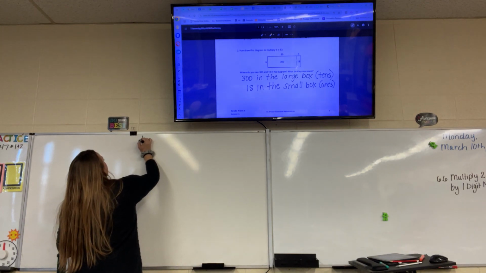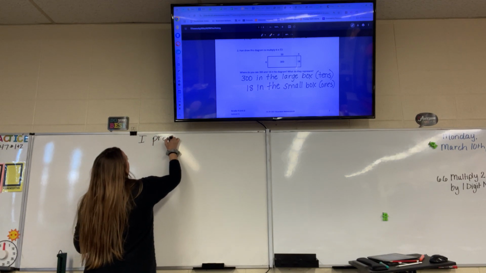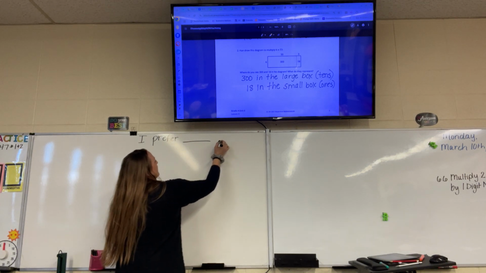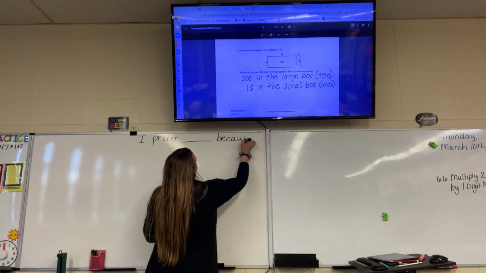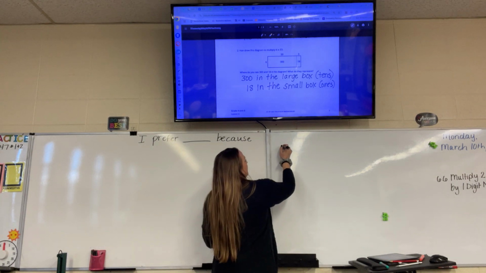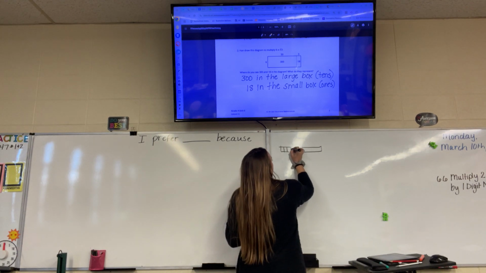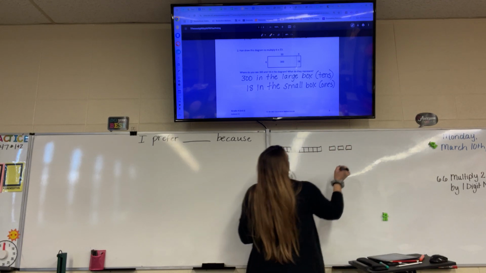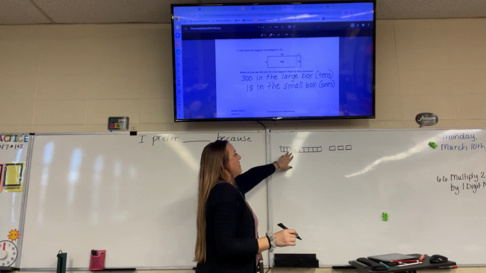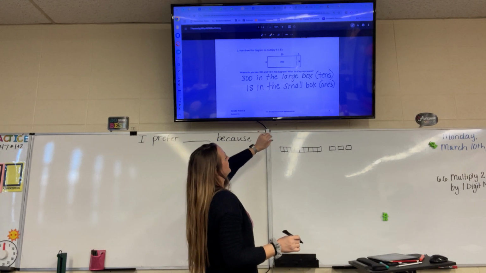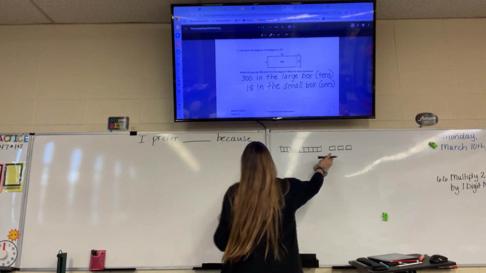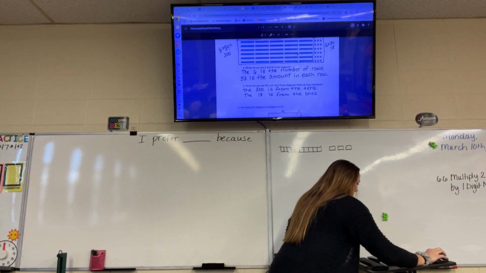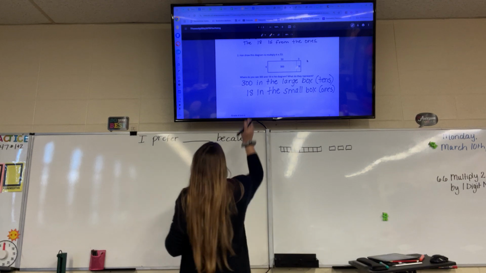So you're going to either write, I prefer, and then you'll put the name, either Priya or Han, because if you would prefer to draw out 30 of those, then you would prefer, if you like the base 10 blocks model, this one, that's Priya's. If you prefer this model, that's Han's.